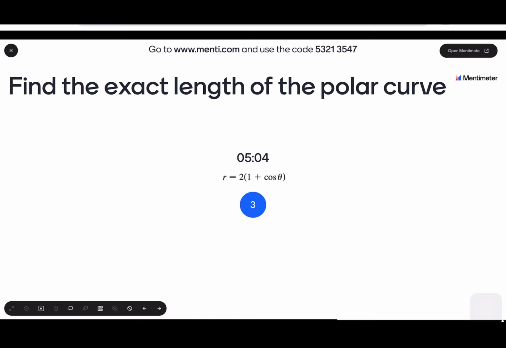Most of the time you will have a square. You have a quadratic form, and you can cancel it with the square root. Most of the time that will work.